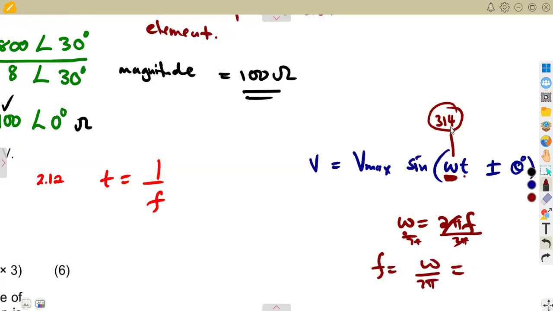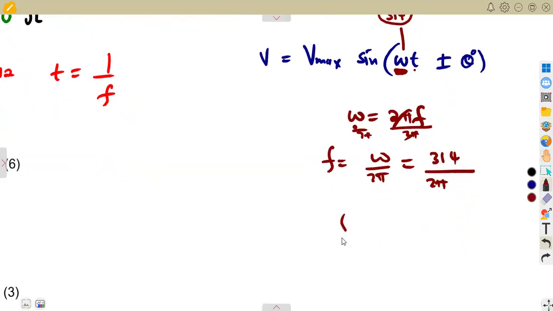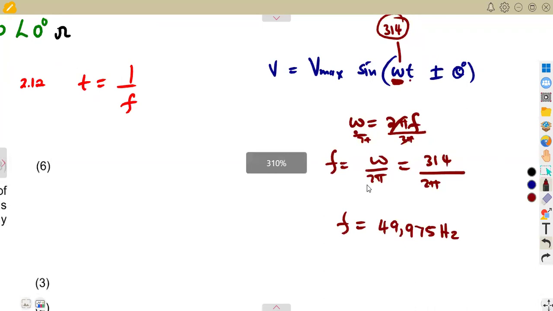Which is the omega that we are given, 314, which is our angular velocity, over 2 pi. So if I was to divide this, I was going to obtain the frequency, not the time, but the frequency. So that was going to be 49,975 hertz, which is approximately 50 hertz. You can actually approximate this to 50 hertz.